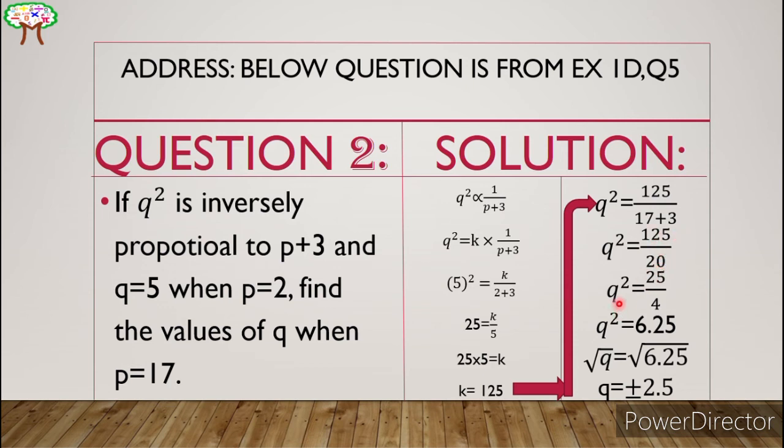Then q square is equal to 125 divided by 20, so answer came 6.25. Then square root on both sides, then q is equal to square root of 6.25, then answer came q is equal to plus minus 2.5.